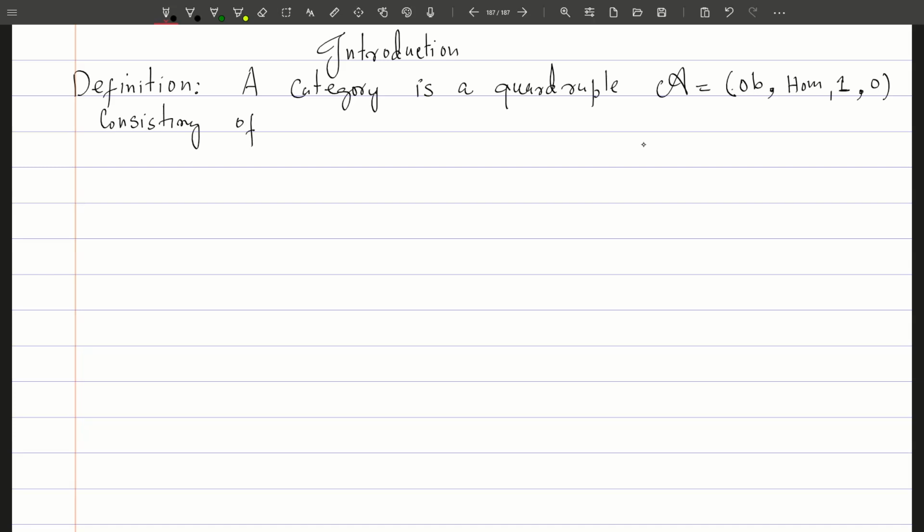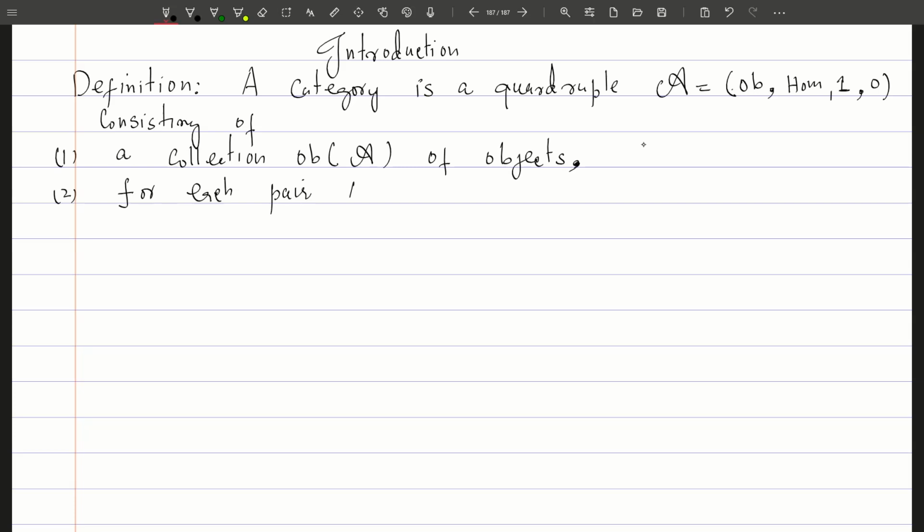It consists of, first of all, a collection OB of A. This is the objects of A. Second, for each pair A, B of objects, we have a collection of maps.